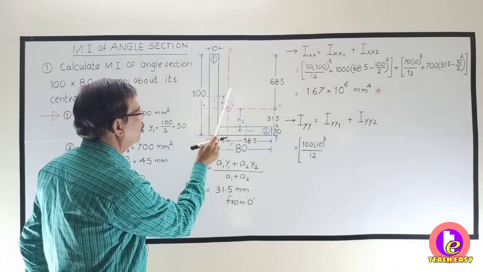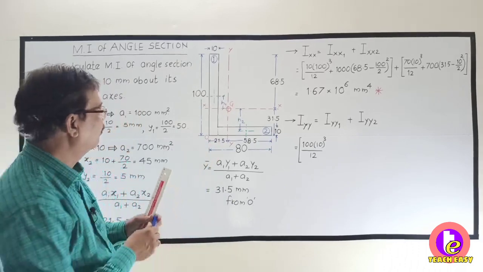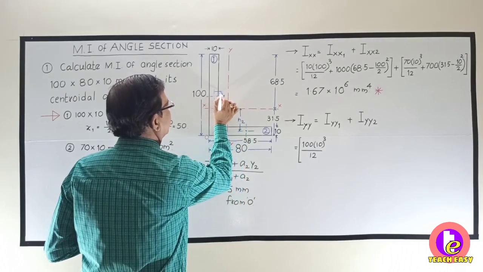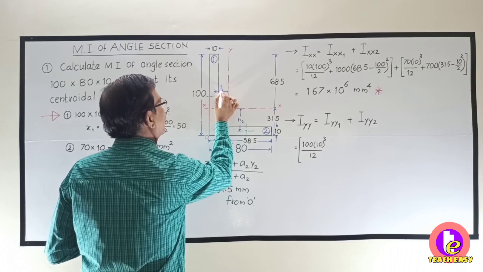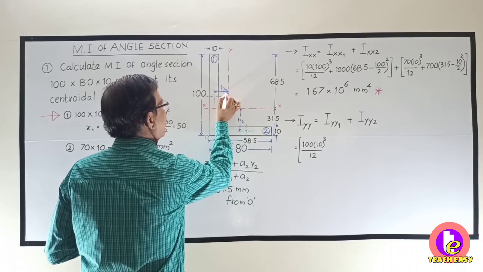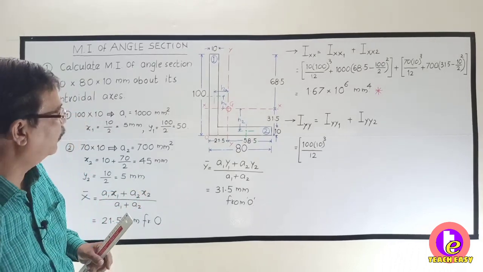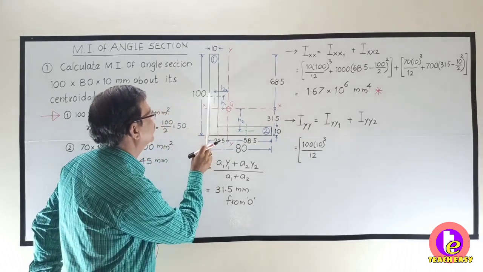From here you have to shift it. So what will be the value of H in this case? This is again, I will say H1, or you can say H3. What is the value of H3? What is this? 21.5.